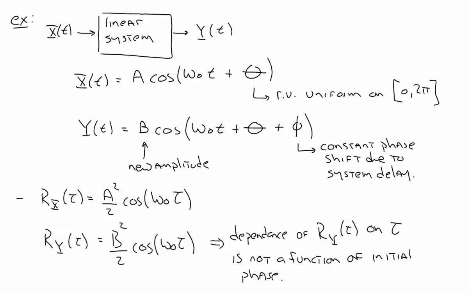So therefore, it's independent of little phi. All right. So if I've got a sinusoid random process, as we have for both X and Y, the autocorrelation is independent of any fixed phase constant. All right. What's the cross correlation of these two random processes then?